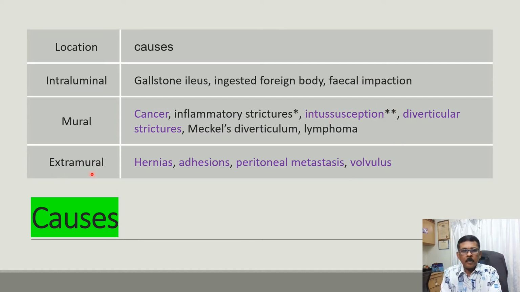Extramural, a very common cause of intestinal obstruction, especially hernias, adhesions from previous operations, and peritoneal metastasis from intra-abdominal or extra-abdominal malignancies. And volvulus; sigmoid volvulus is the most common cause of large bowel obstruction.